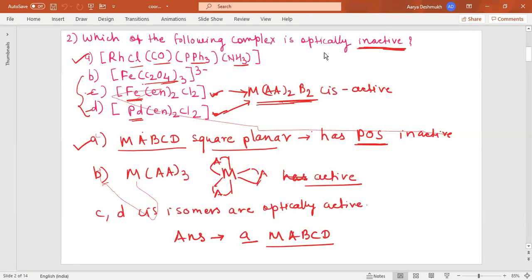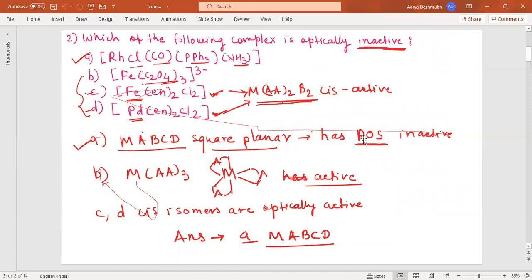Which of the following complexes is optically inactive? Now for this one, this is rhodium with Cl, CO, PPh3 and NH3. All the four ligands are different here. PPh3 means triphenyl phosphine. Now for this one, the first option is MABCD, a square planar complex.